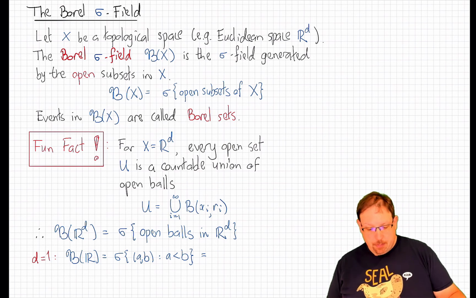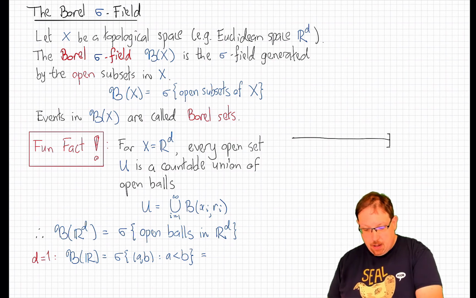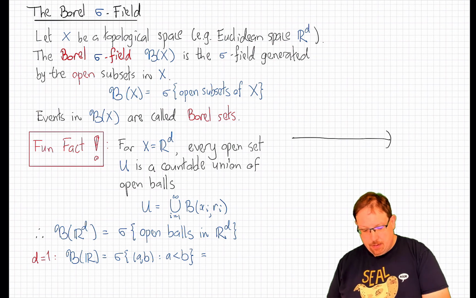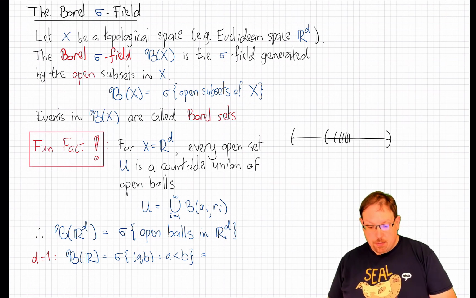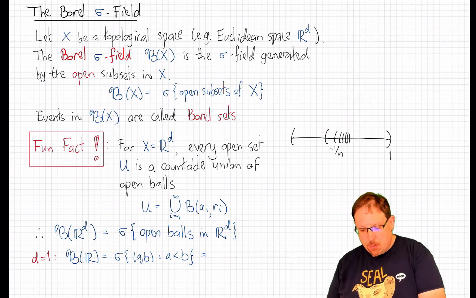For example, on the real line, we can have the following collection of open sets. These are open intervals from -1 over n up to 1. 0 is right here.